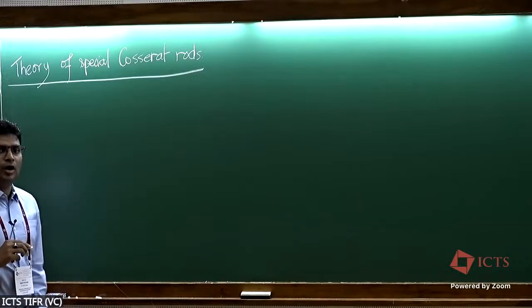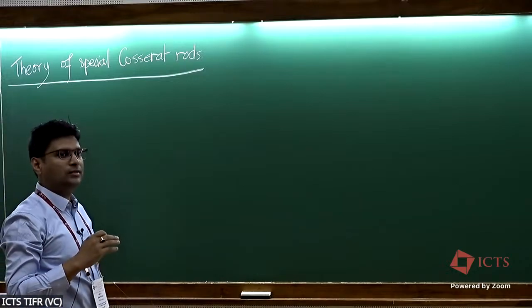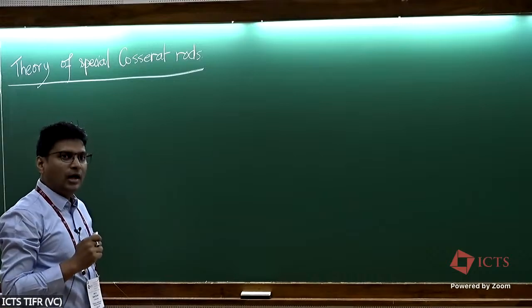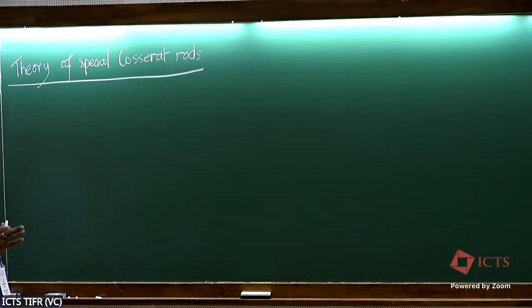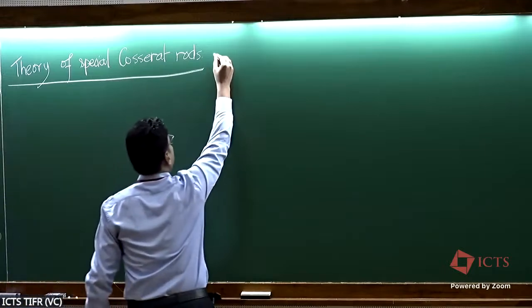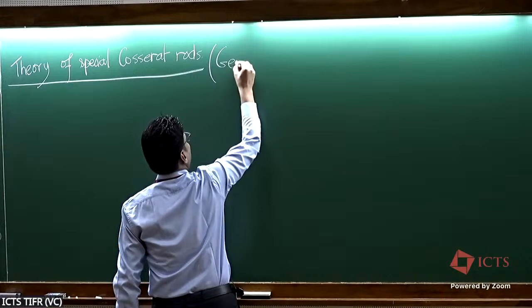As you saw yesterday, that beam theory had several kinematic approximations, and we are going to do away with those approximations today. Therefore, this is also called geometrically exact beam theory. Many places you will see it being called geometrically exact.